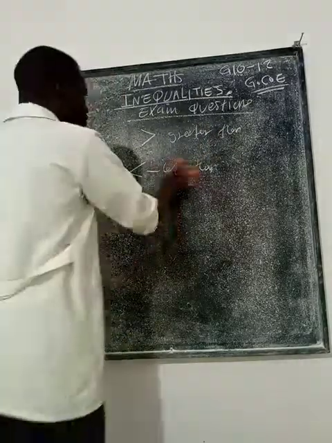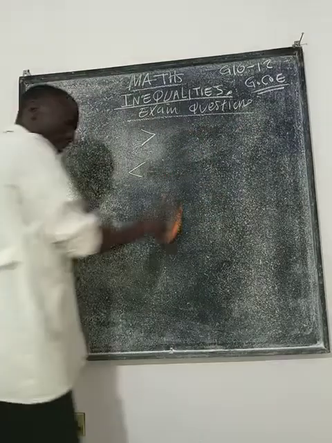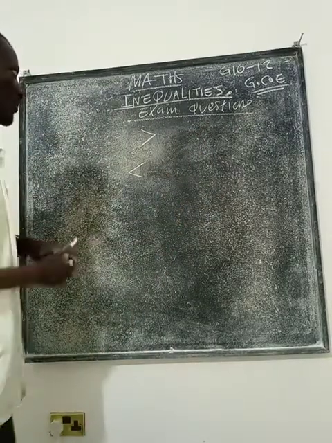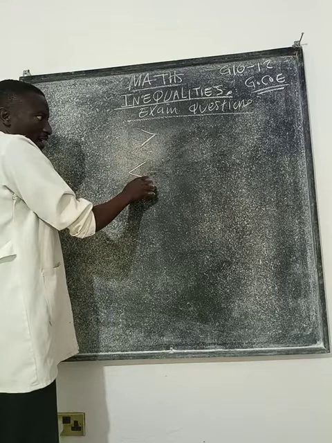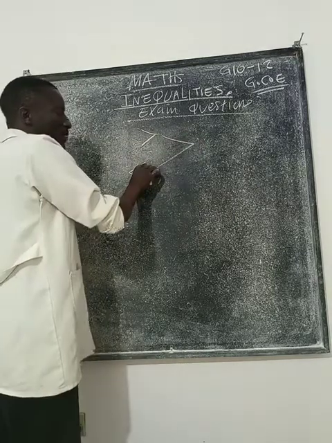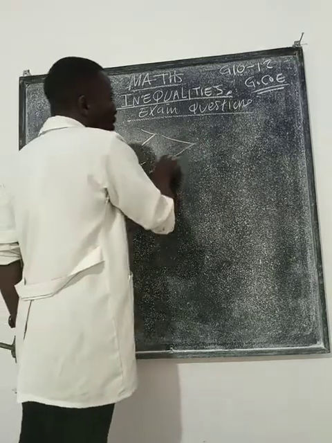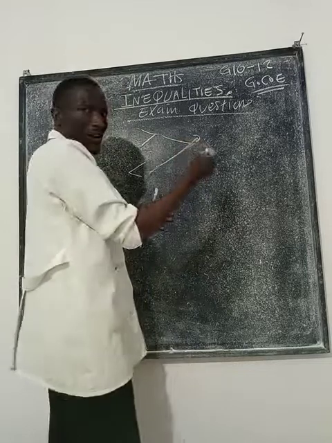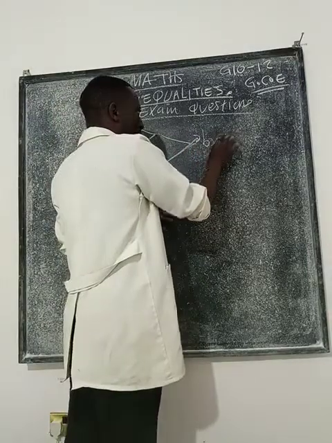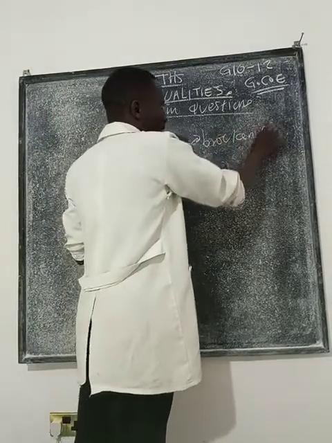Now, these two symbols, I'll be calling them single symbols because there's only one line like that. They both represent what we call broken lines. That is the most cardinal point.